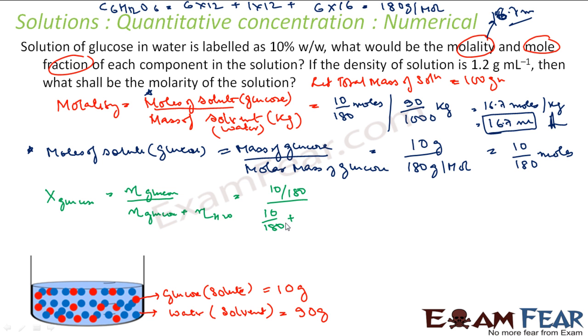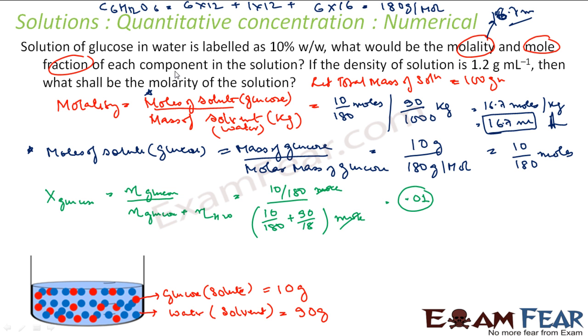Moles of water is mass by molar mass: mass of water is 90 gram, molar mass of water is 18 grams per mole. This all will be in the unit of mole. You solve this, mole will cancel and you get almost 0.01. That is the mole fraction of glucose.